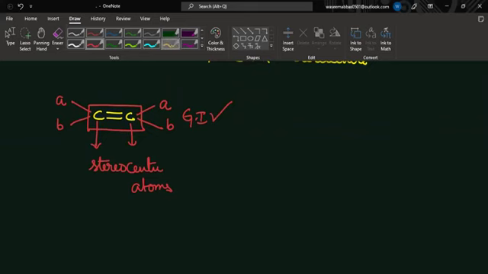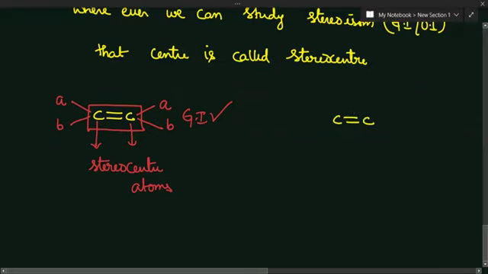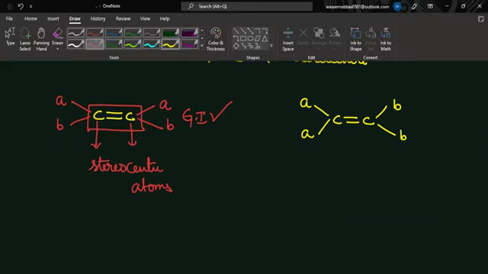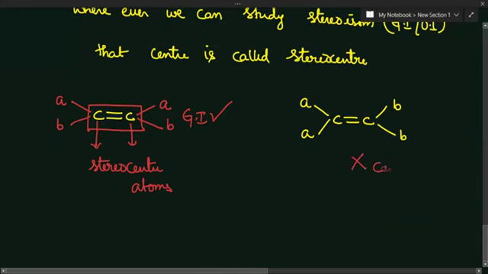For example, I have C double bond C, and I have branches like A, A on one carbon and B, B on the other. The point is, can this show geometrical isomerism? The answer is no, it cannot show geometrical isomerism. What is the reason?